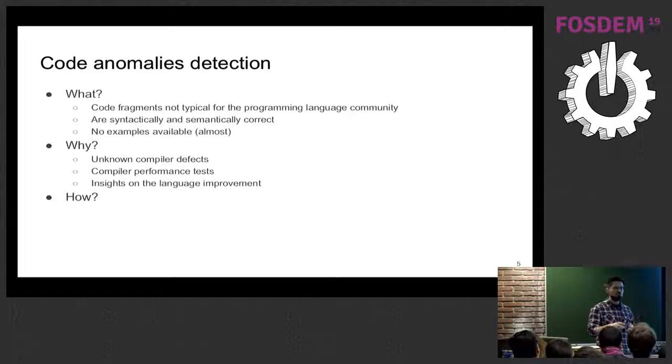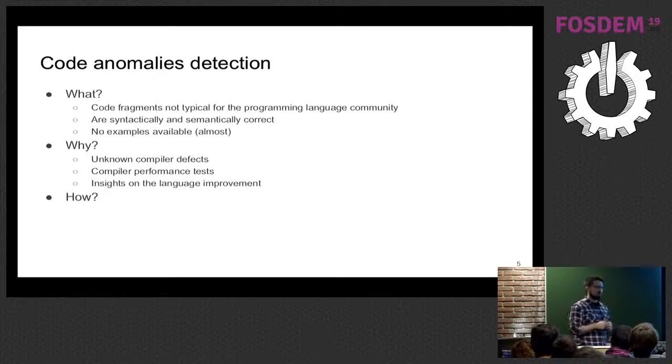We call these code fragments anomalies in a way that they're good code. It's syntactically correct. It may even work very well, but it doesn't look like the code that other people write in this language.